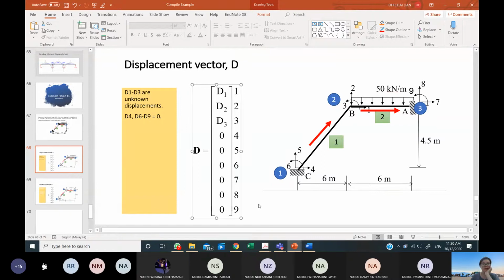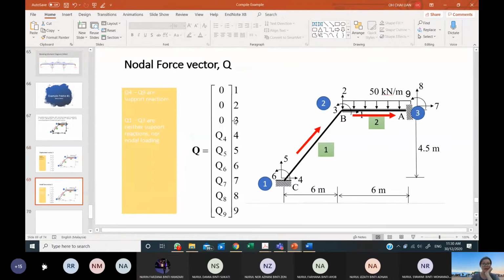Yes, doctor. Okay, so next we are going to do the Q vector or force vector. For this force vector, you need to know that Q is referring to support reaction or nodal force. When you have an external load, they apply at the nodes.